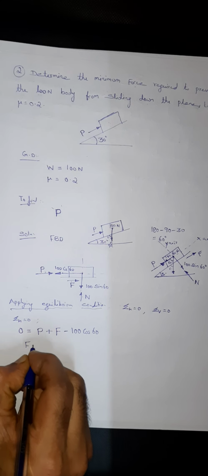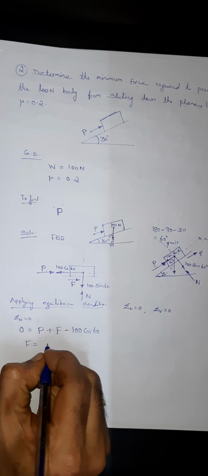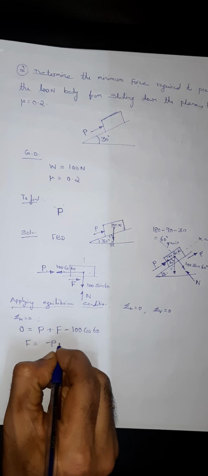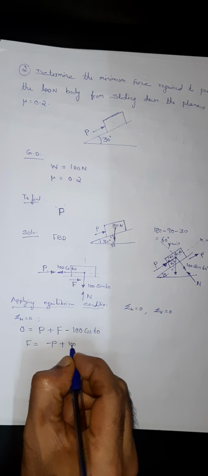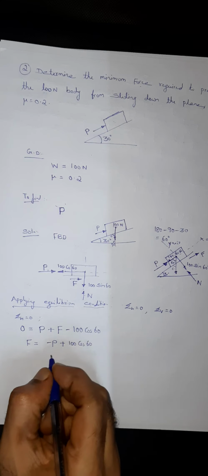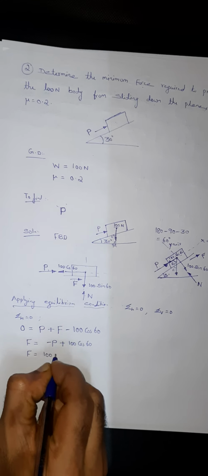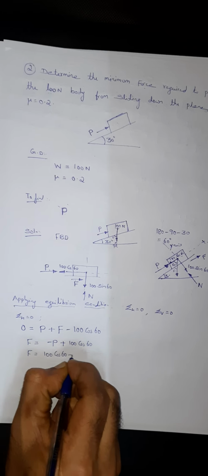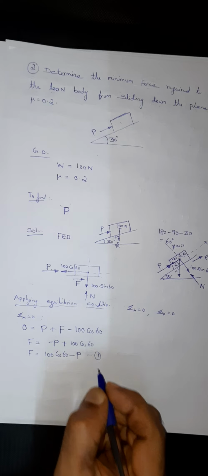So F is equal to minus P plus 100 cos 60. This can be rewritten as F is equal to 100 cos 60 minus P. Equation number 1.